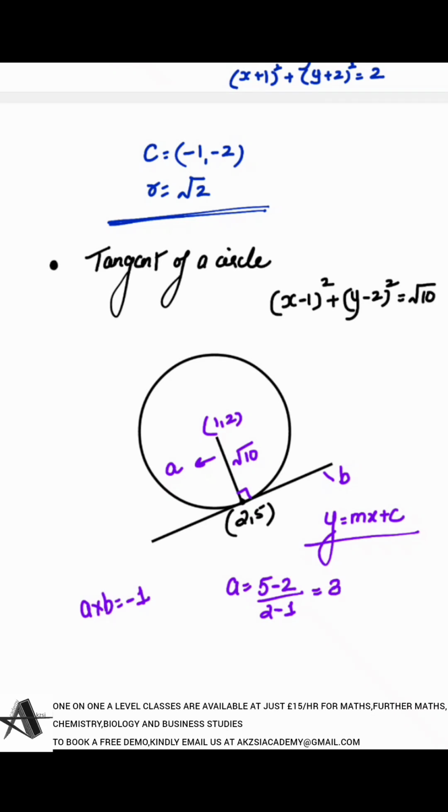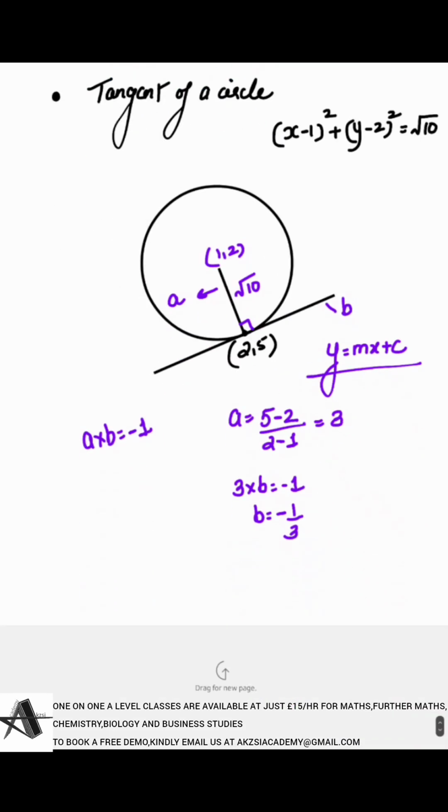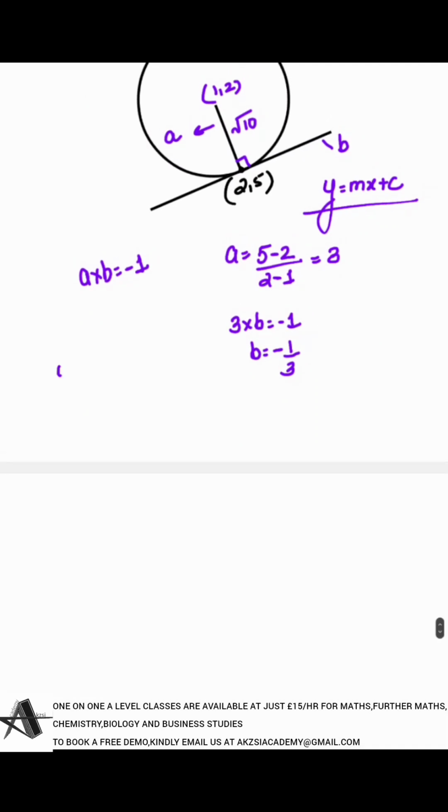And B, the gradient of the tangent, we don't know, so I can write 3 times B equals negative 1. That will give me the gradient as negative 1 over 3. I need to substitute here. For the tangent, I got y equals, just substituting the value of the gradient m as negative 1 over 3, negative x over 3 plus c.